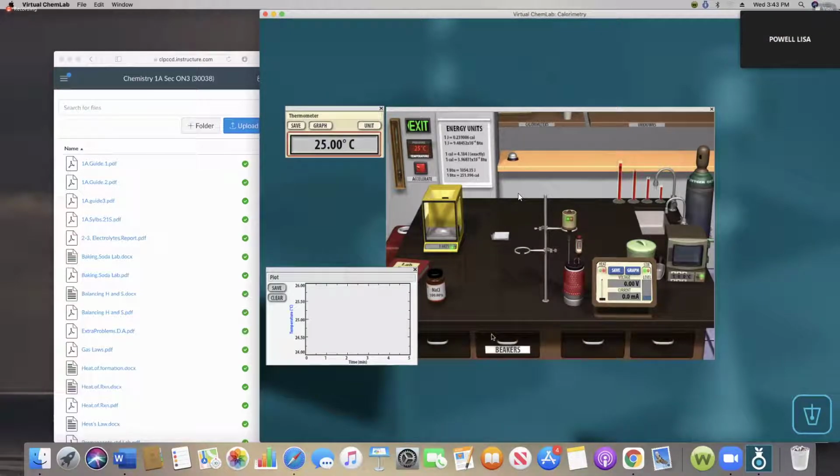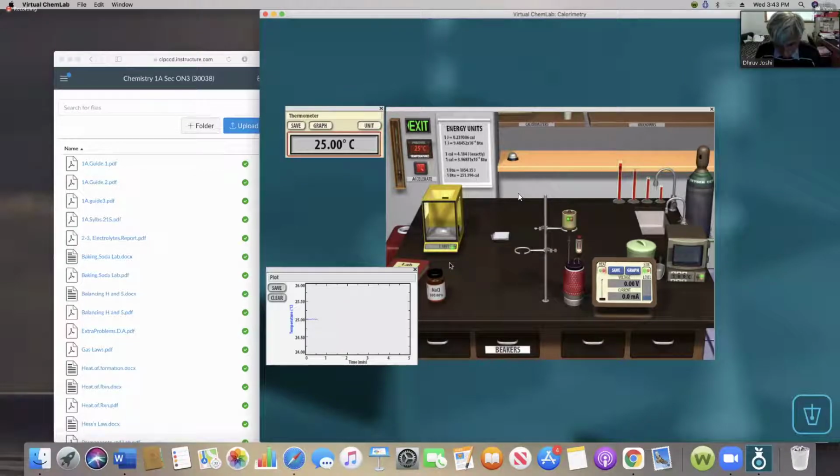You're going to take the bottle of sodium chloride and weigh a paper. Okay, that's already weighed over there. Write down the number in grams. So I have 1.9871.